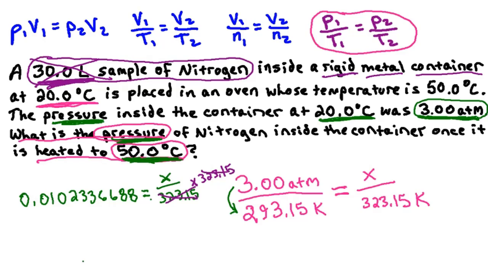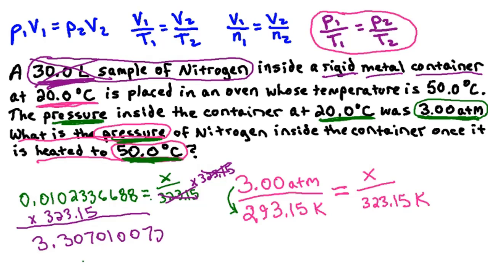These cancel each other out, and we go times 323.15 over here on the left side, and that gives us 3.307010077, and that's going to be the pressure, so that's in atmospheres.